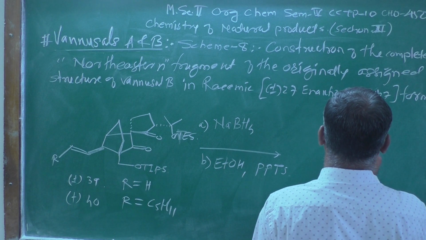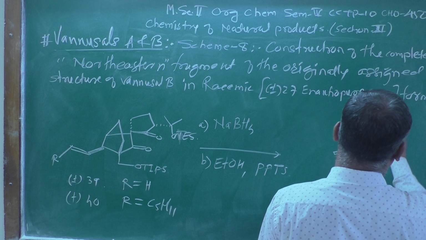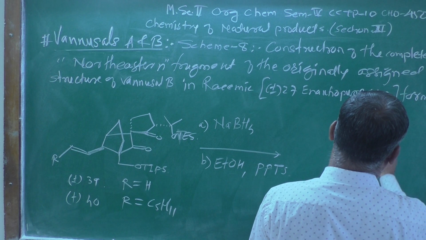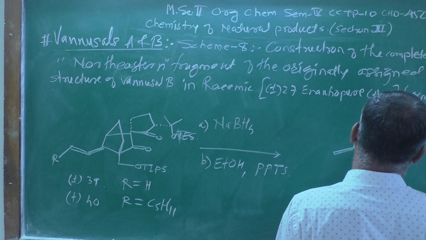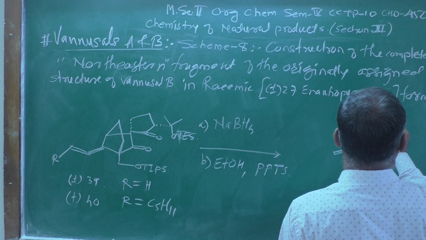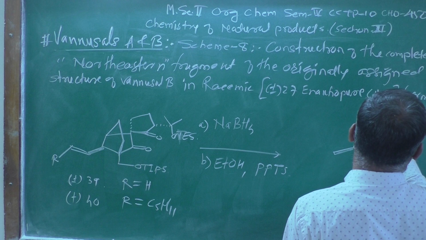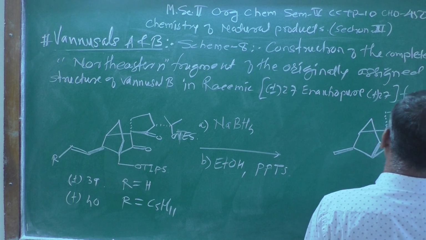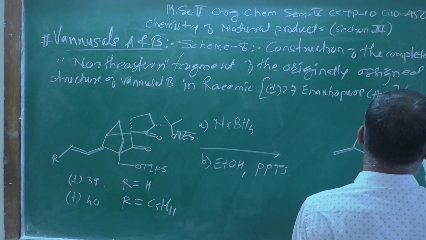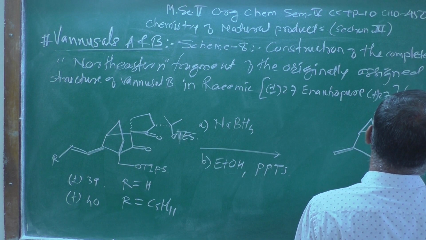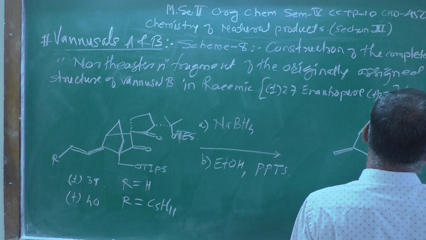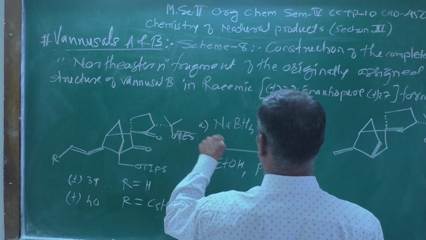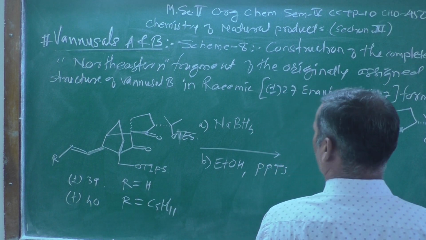This is a 5-membered ring, then I join another ring. Here this group remains as it is, but deprotection occurred due to this one.